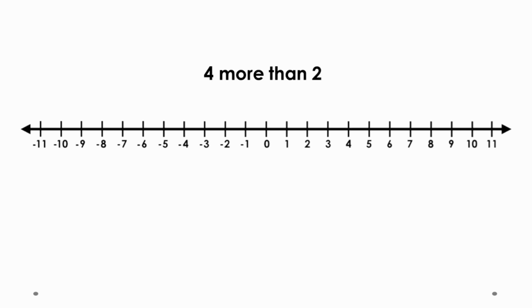We will begin with 2 on the number line and jump 4 places to the right. Let's see where it takes us. We start from 2 and jump 1, 2, 3, and 4 places. This lands us at the number 6. So 4 more than 2, or 4 plus 2, turns out to be 6.